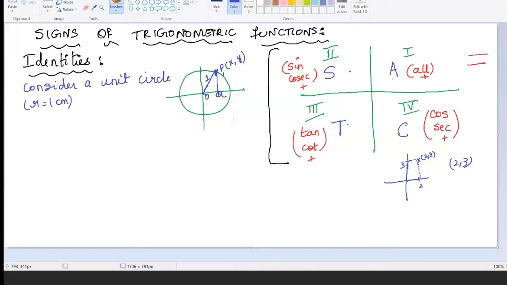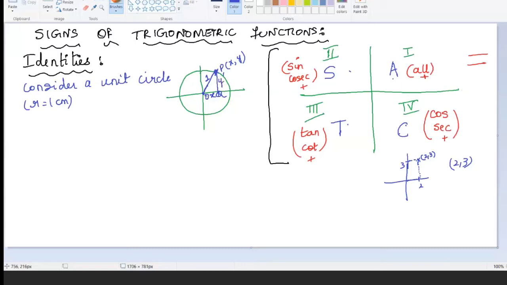Whatever I write, I want you also to write. Come on, tell me who is OQ? It is X. Very good. So this is the X part. And who is PQ? PQ is Y. Very good.